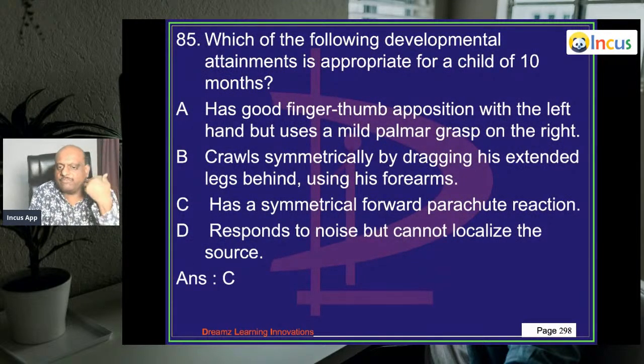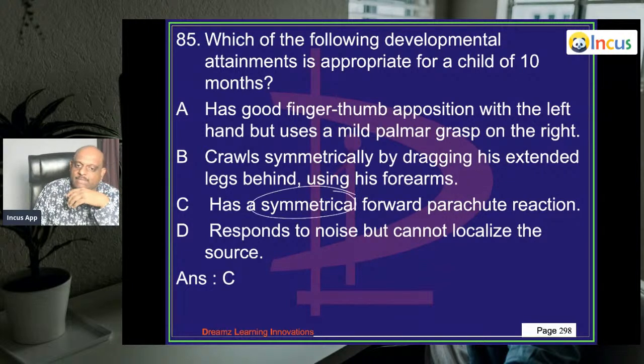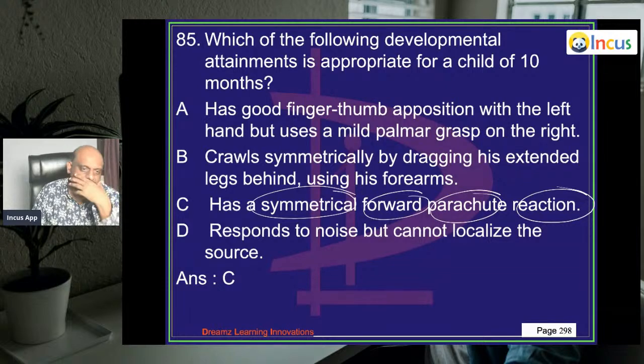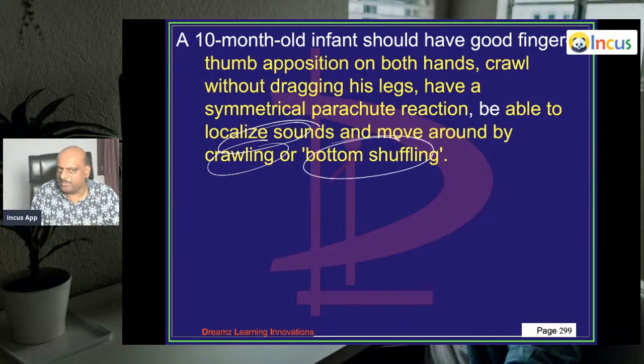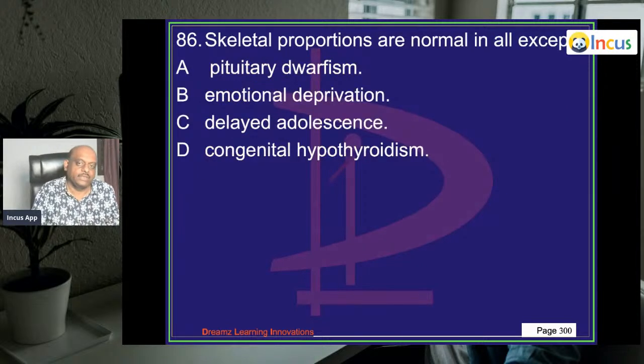By 10 months of age, symmetrical forward parachute reaction typically happens. He'll be able to localize sounds, move around by crawling or bottom shuffling, thumb apposition on both hands, etc.